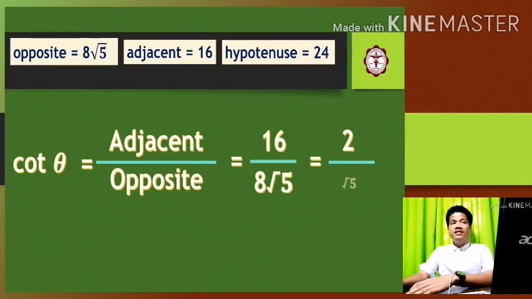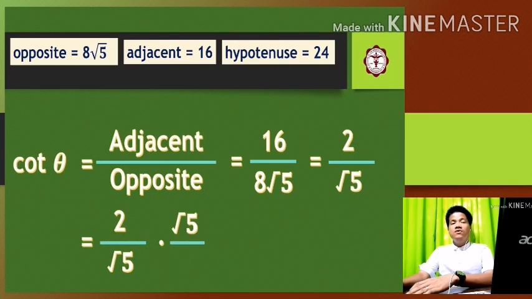By rationalizing, 2 times square root of 5 over square root of 5, that will give us 2 square root of 5, and then square root of 5 times square root of 5 will give us 5. So the value of cotangent theta is equal to 2 square root of 5 over 5.